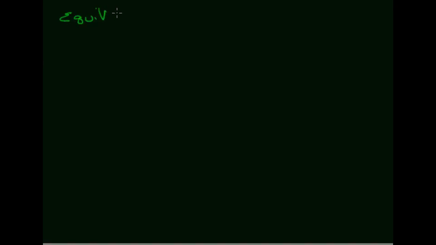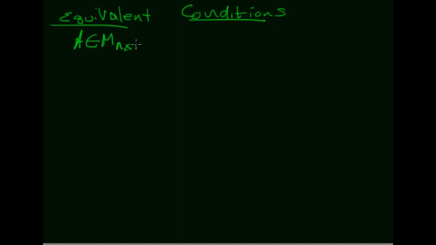Okay, so we have a bunch of equivalent conditions. What this means is that each of these statements is either all true or all false. So if A is an n by n matrix, so it's going to be square, the following things are all equivalent. 1, A is invertible.